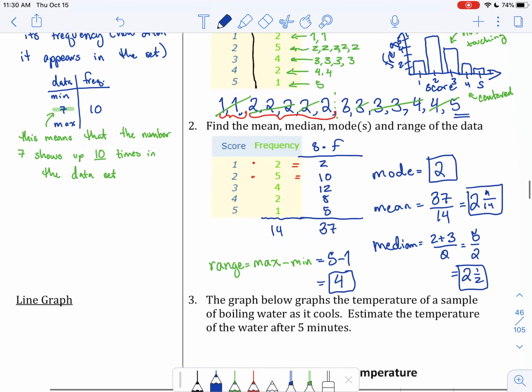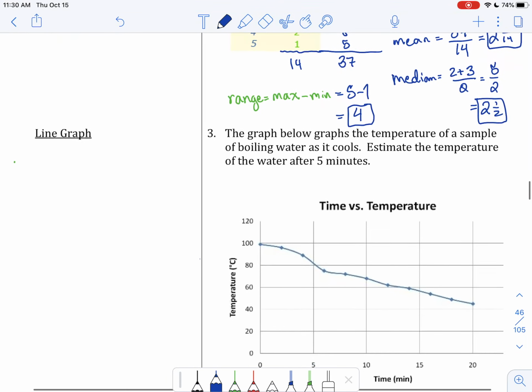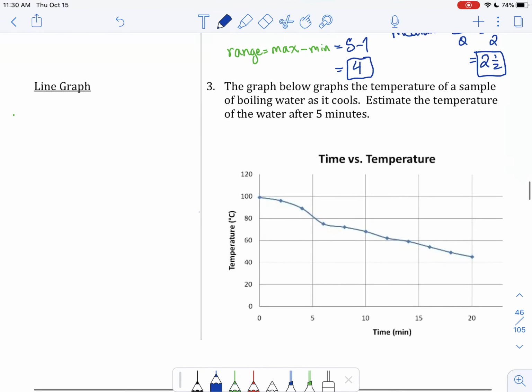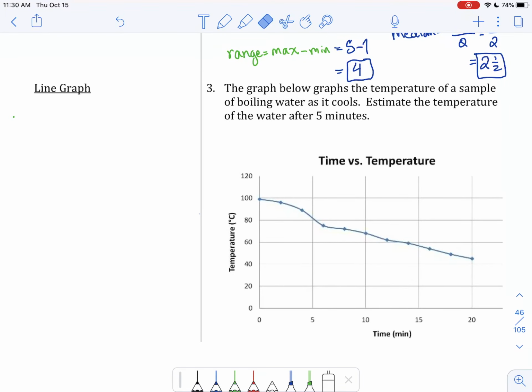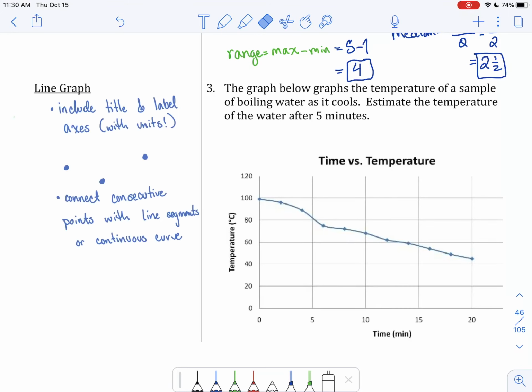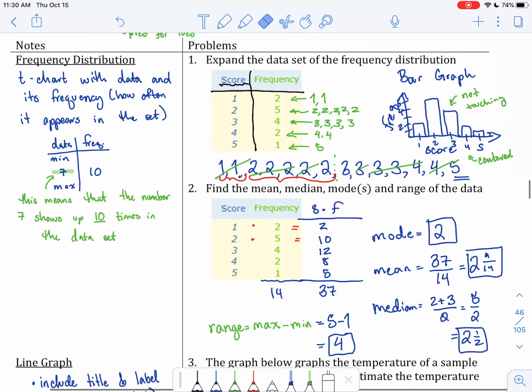The last thing that you'll see today in our notes is talking about line graphs. Line graphs are like what we see here. Make sure when you're making your own line graph that you include your title and label your axes, just like the example that we see and just like we talked about in the bar graph up here.